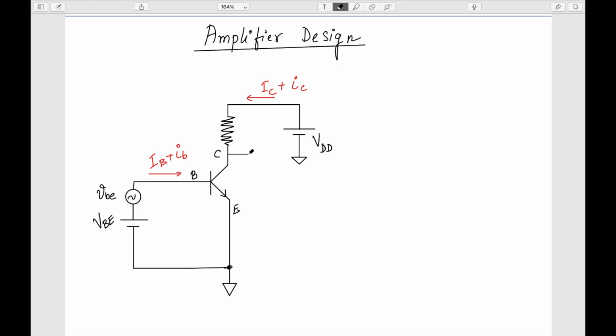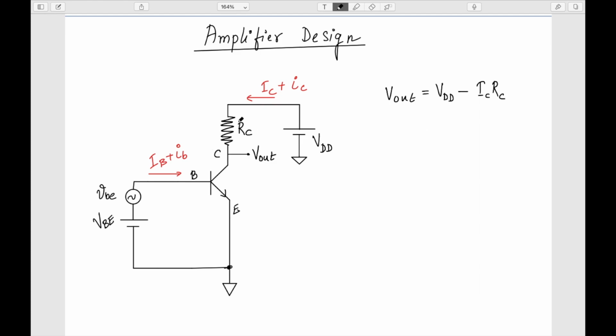So let's call this node V out, okay? This is both the AC and the DC component. If we write down the expression of V out, it is going to become something like this: VDD, the supply, minus IC into RC.